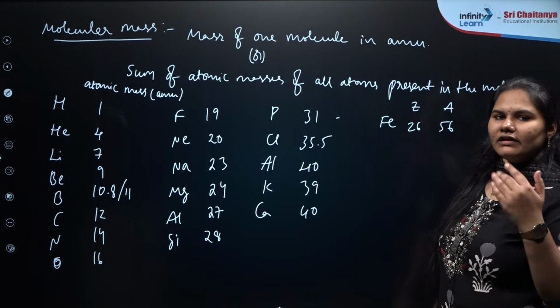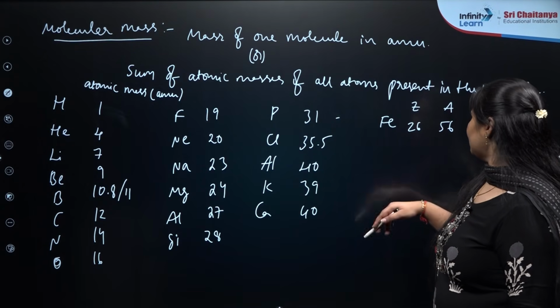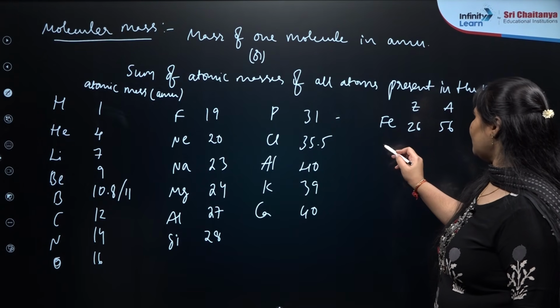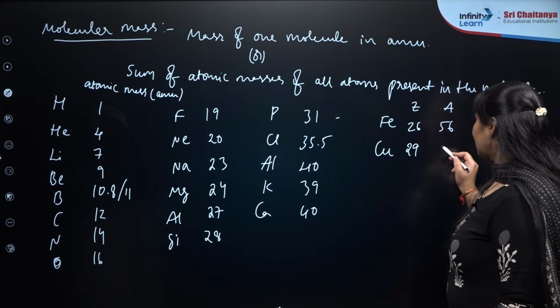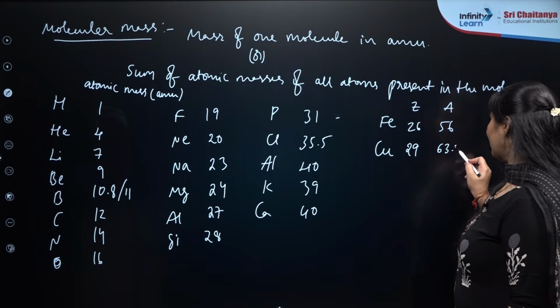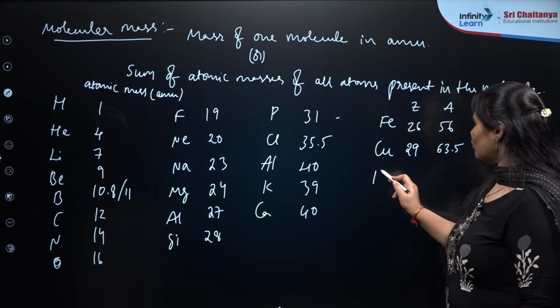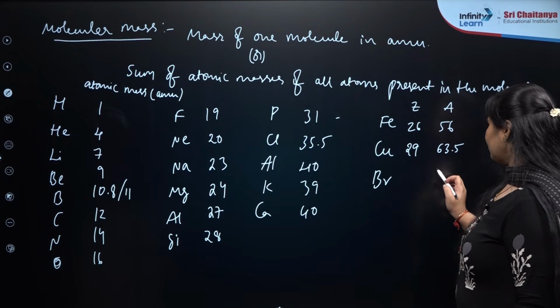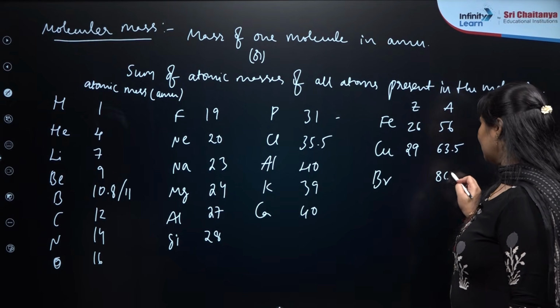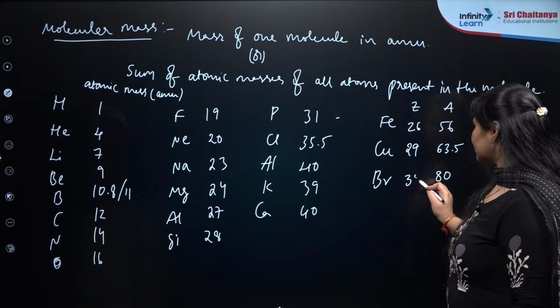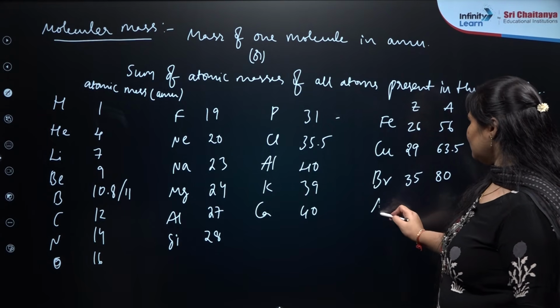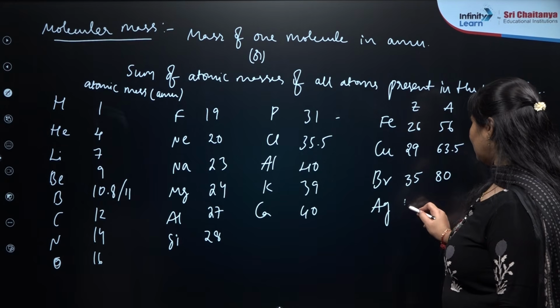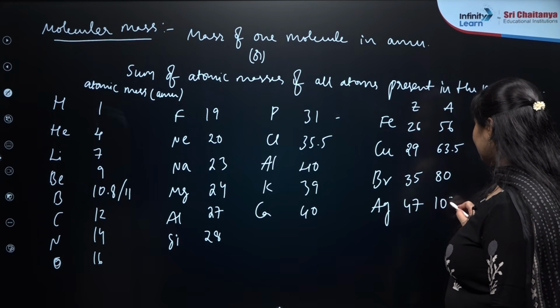After that they have their individual masses. So iron, it is this, and then we have copper, which is atomic number 29, mass number is 63.5, and then bromine, it will be 80, its atomic number is 35, and then we have silver, 47 and atomic mass number is 108.